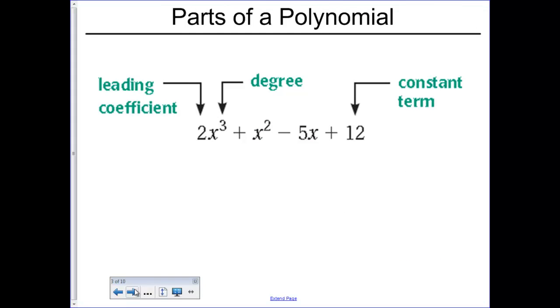One of the things we like to do is put our polynomials in order of their exponents from highest to lowest, or largest to smallest, from left to right. When we do that, we get a number out in front called our leading coefficient. If that was written as just x cubed, then our leading coefficient would be a 1. So in this case, our leading coefficient is 2. The number at the end is called a constant term that has no variables on it.